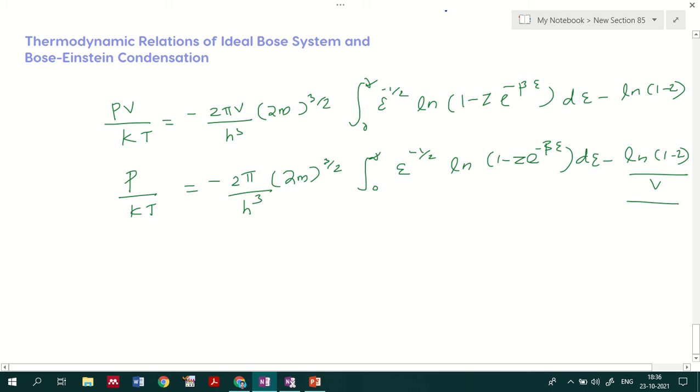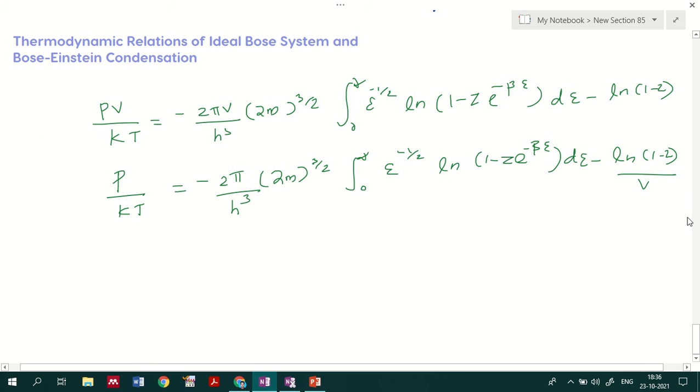Now in this equation let me take only this term and evaluate it alone, that is minus ln(1 minus z) by V. For that I need to know what z is, so I need a substitution for z. We have already seen that n0, the number of particles in the ground state, equals z by 1 minus z.